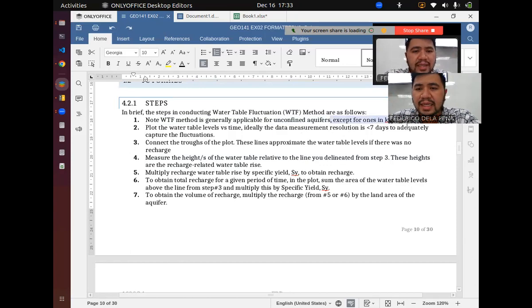It's also not allowed in karst terrain, because karst terrains have a lot of conduits, many pathways for groundwater, so it's very hard to estimate or calculate the hydrologic properties of a karst aquifer.